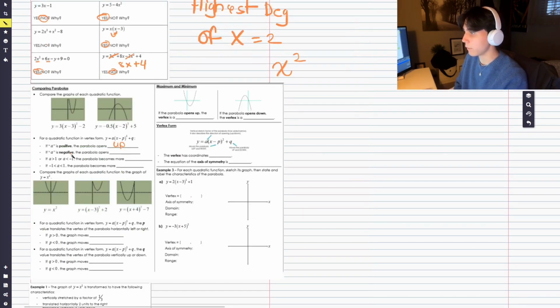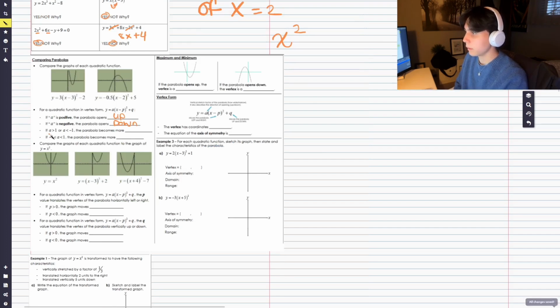And if our a value is less than 0, then our parabola is going to open down. If a is greater than 1 or less than -1, the parabola becomes more narrow. And if it's between -1 and 1, it becomes more wide.